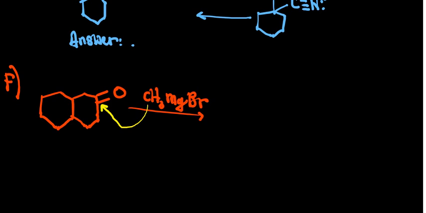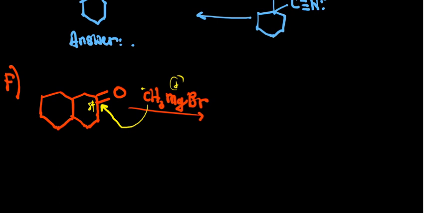Because this is a metal, and this metal is positively charged, more positively charged than the carbon. It makes the carbon negatively charged, and the carbon is going to attack here because this is positively charged. So the carbon here is negative now, going to attack the carbon which is positively charged, breaking the double bond there.